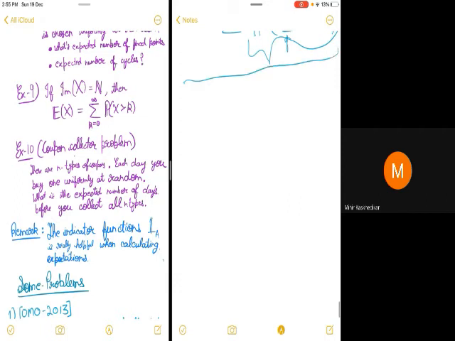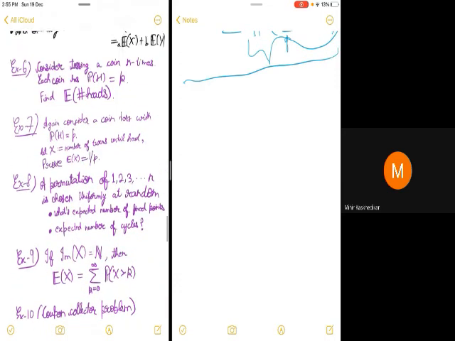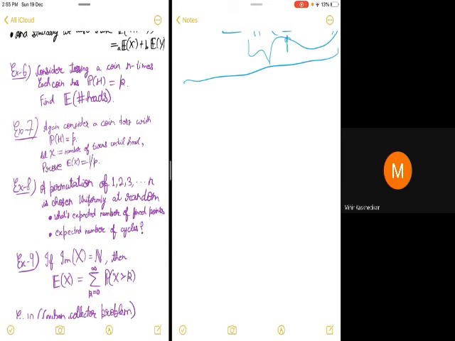So let's see another application. I'll be doing exercise 8, first part. Suppose we have a random permutation. What is the expected number of fixed points in that permutation? A fixed point is just a point which is fixed by a permutation.